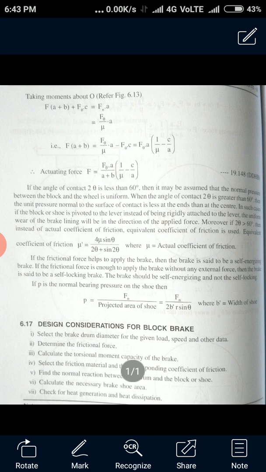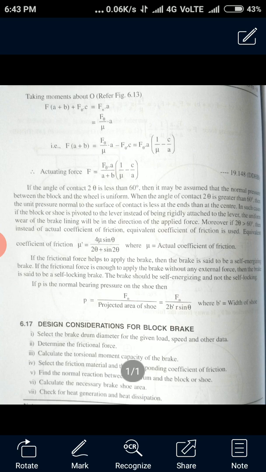Now, once you have this kind of problem, what you need to observe is the sketch. Then you have to go to the data handbook and see the position of the tangential force F theta, whether it is passing through the fulcrum, case 1.